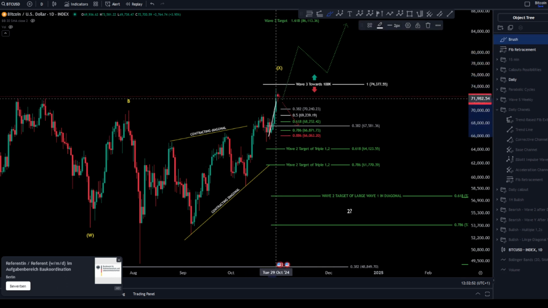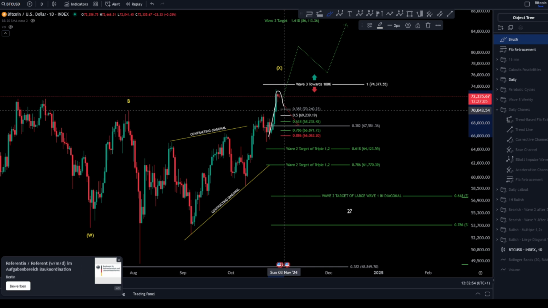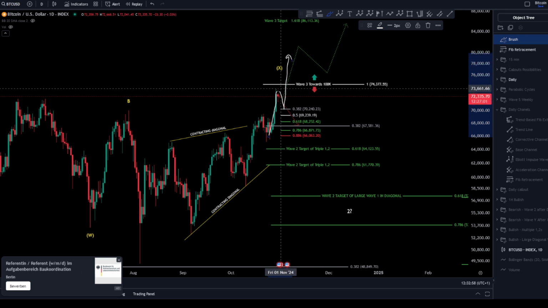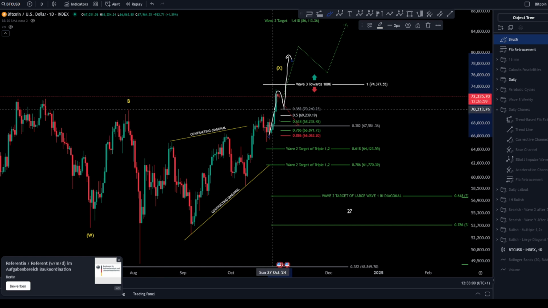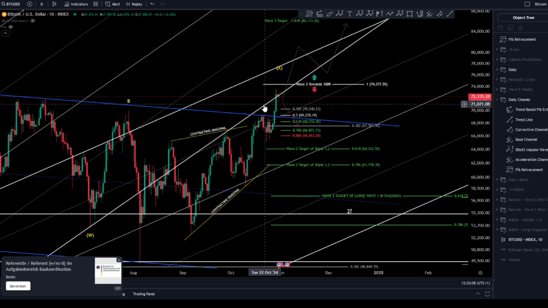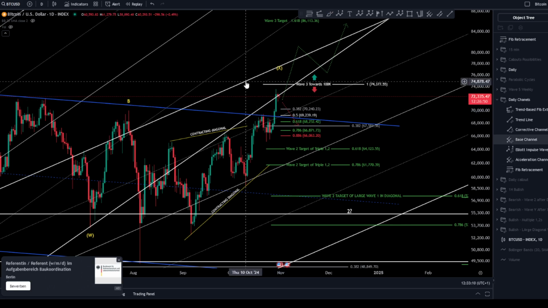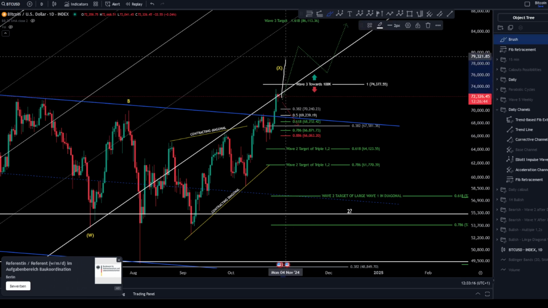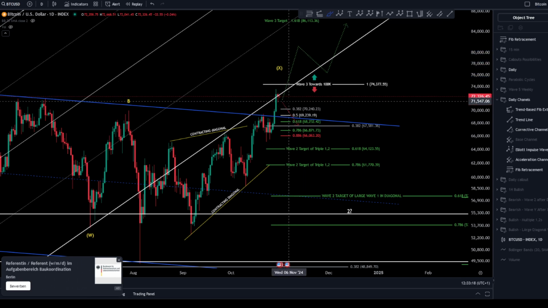If we retrace almost to the 0.38 and we move forward towards the upside, then you might be in a big wave 3, knowing that breaking our channel here, the acceleration channel, would be a much better confirmation that you are already in a wave 3 towards the upside for your wave 5.